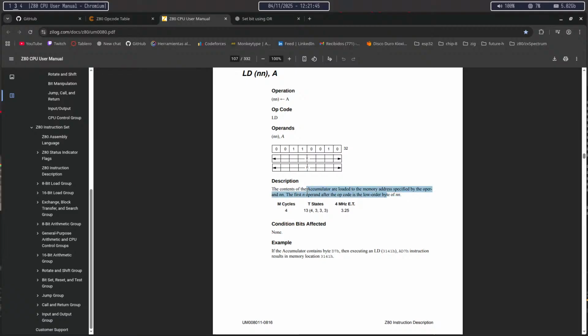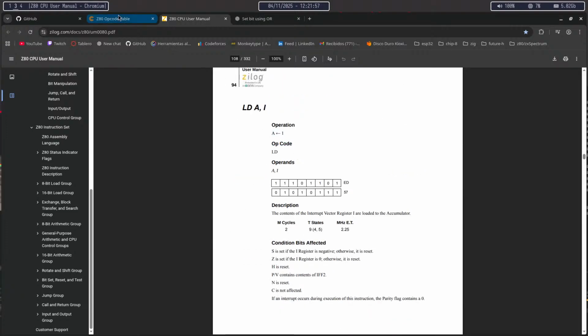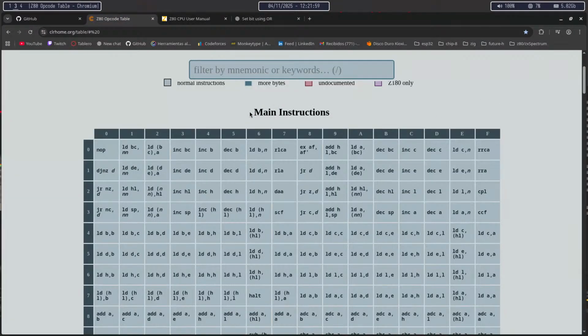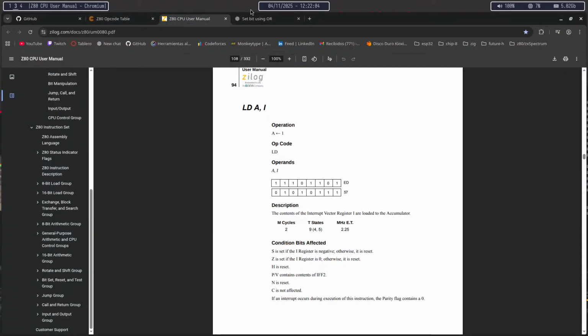After the opcode is the low order byte of an NN. That doesn't make much sense. Alright, let's just hope I'm doing all this the right way.